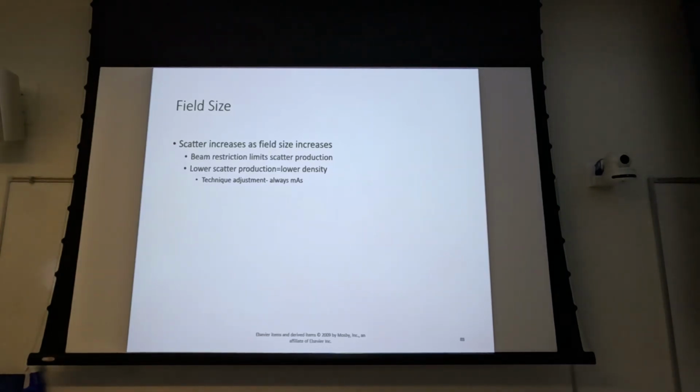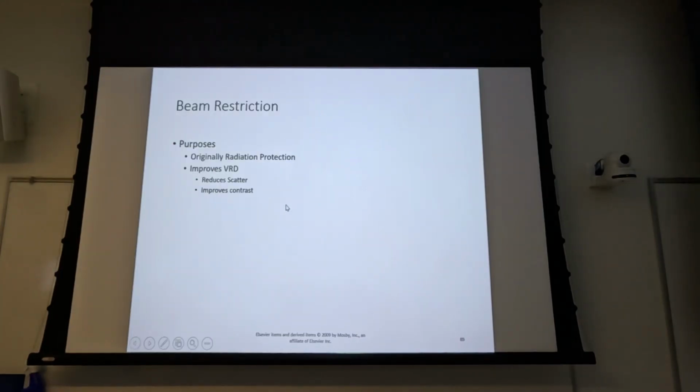Since an increase in collimation removes photons, scatter radiation specifically in this case, it's going to adjust your density, your exposure to the image receptor. You want to replace that, and what you want to replace it with at this point is mAs. Eventually it may be KVP, but at this point it's going to be mAs. So we talked about that.